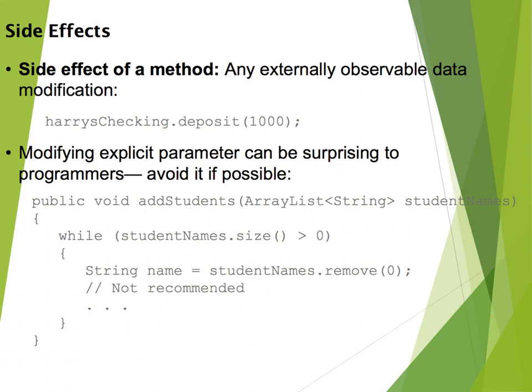This is the code that is not recommended because in this loop, we are removing strings from the array list studentNames, and this method has some side effect on the explicit parameter because at the end of running this method, all the strings in the studentNames array list will be removed because of this line, and it will be surprising programmers who are working on other parts of the class, and it may cause some bugs and errors.